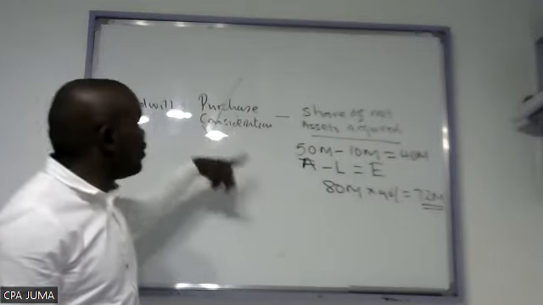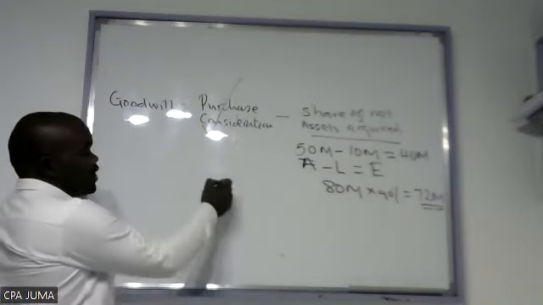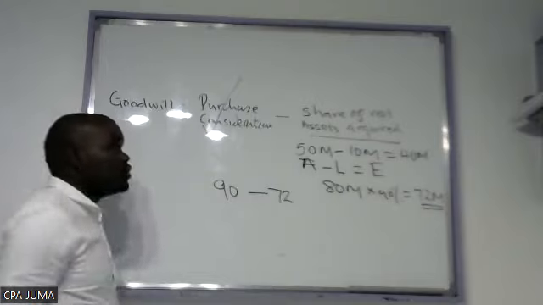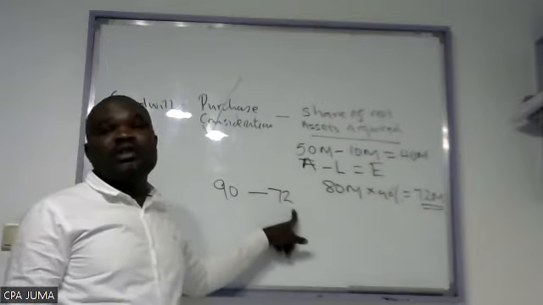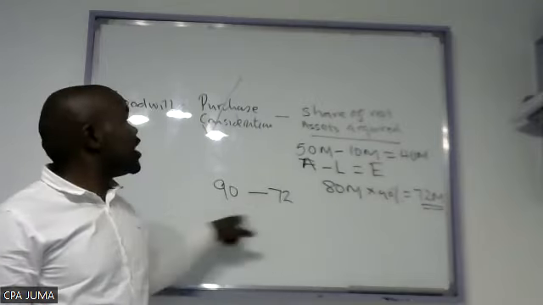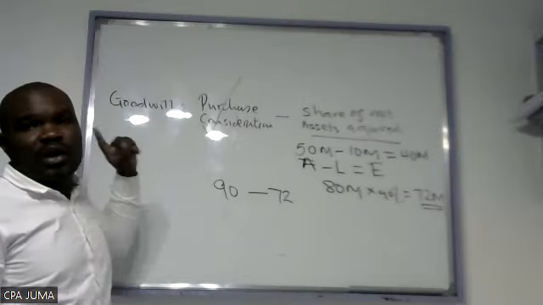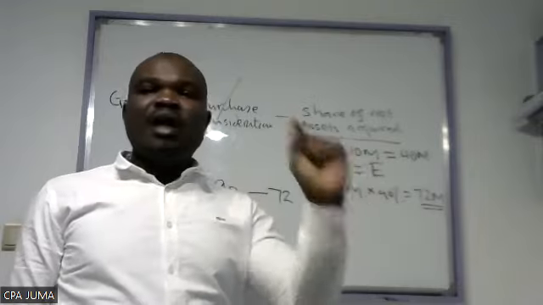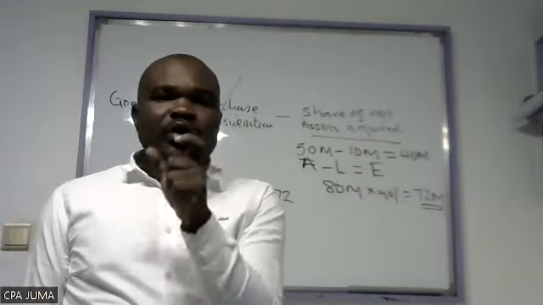So in case these people will charge us, they come here and tell us, you people pay 90. So if they charge any amount above the equity, then that difference they are charging what? Goodwill. So goodwill will be the difference between what you have paid minus the percentage of equity.